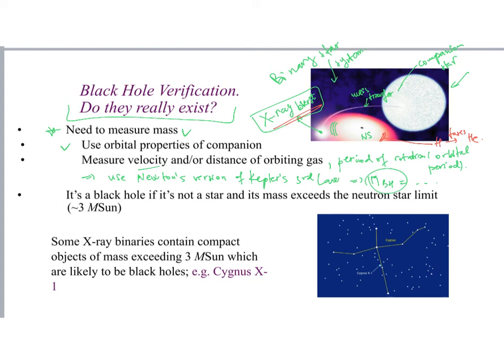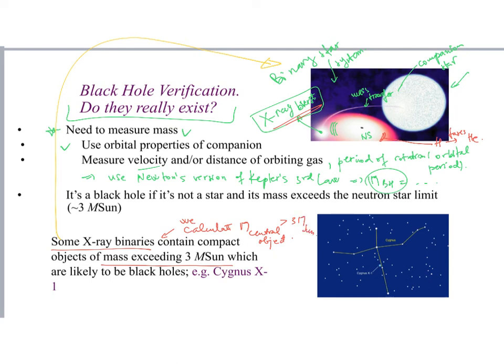All right, so some X-ray binaries, just like the ones I described just now, actually contain compact objects of mass exceeding 3 solar masses. How do we know? We calculate the mass of the central object, and we find out that that is at least 3 times the mass of the sun.